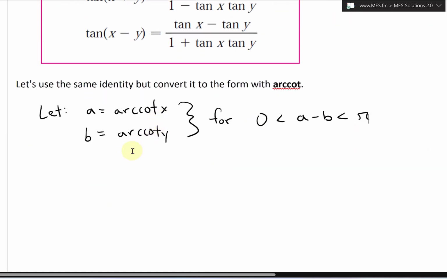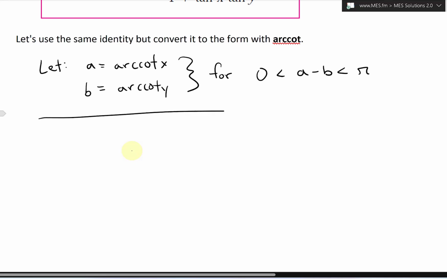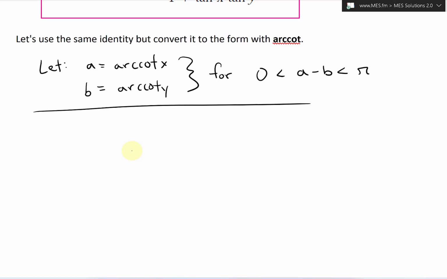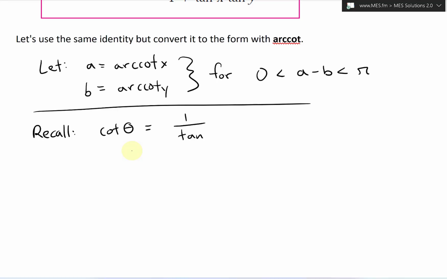Alright, so going over here, now in our case, we're going to be dealing with cotangent instead of tangent, and then we'll show the corresponding domain of that. So now we're just going to do a refresher on inverse functions. So recall first of all that cotangent theta is equal to 1 divided by tan theta.